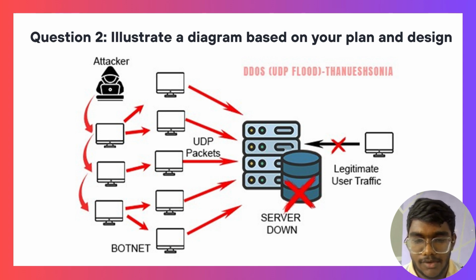The attacker then commands this botnet to flood a server with a large number of UDP packets, overwhelming its capacity to handle legitimate user requests. This flood of malicious traffic disturbs the server's ability to respond to genuine users, causing a failure in regular service and making it difficult for legitimate traffic to reach the server.